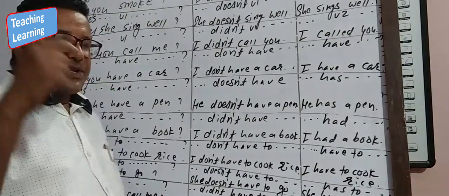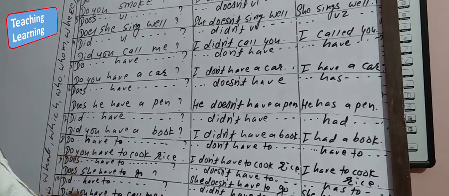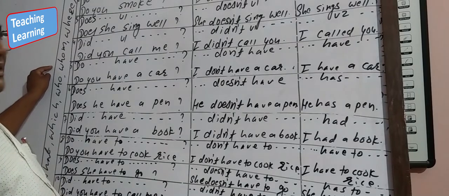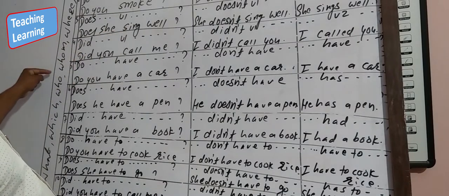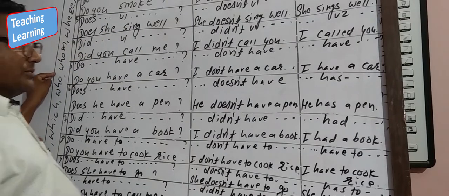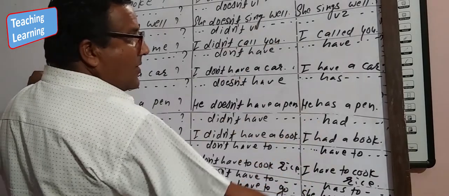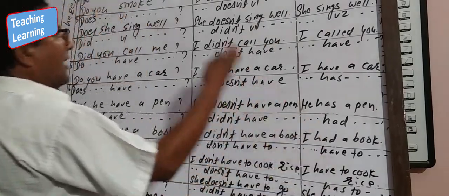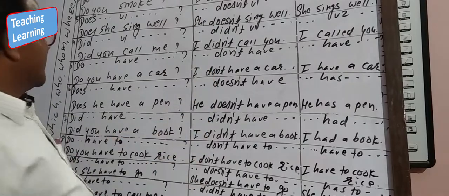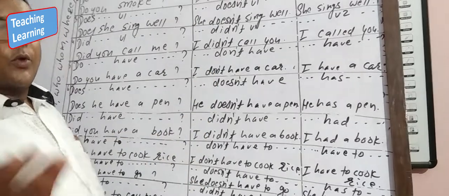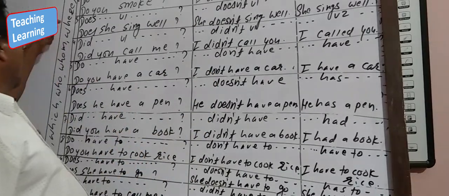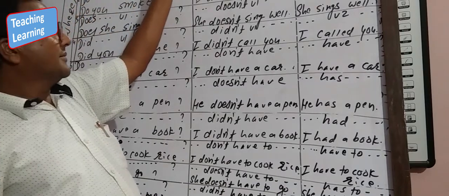But if the question is asked with a WH word, the same rules apply: we give the positive answer by this rule and the negative answer by these rules. Look at this. Where have you been living?